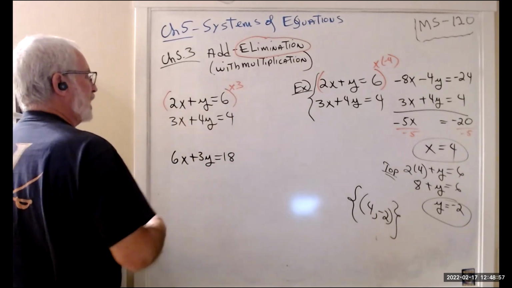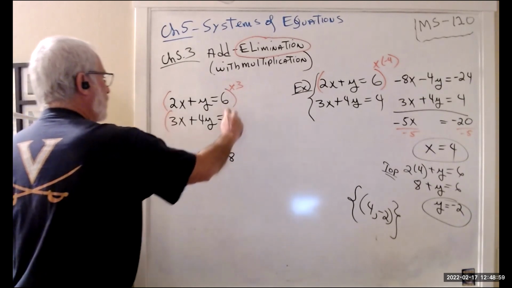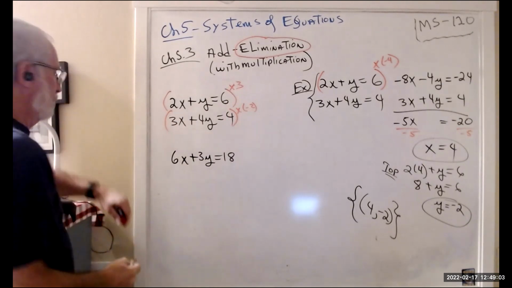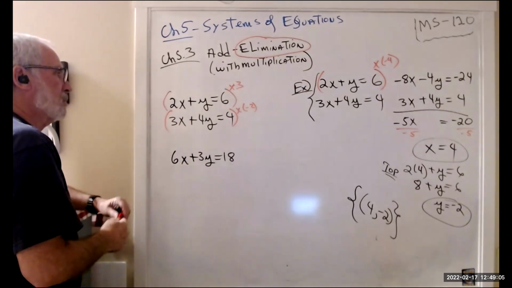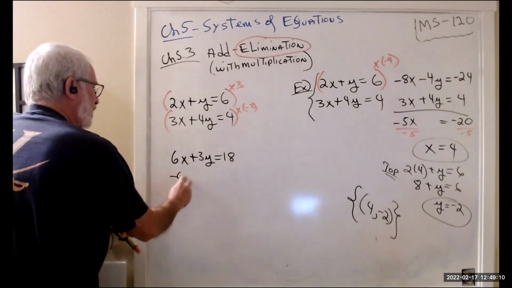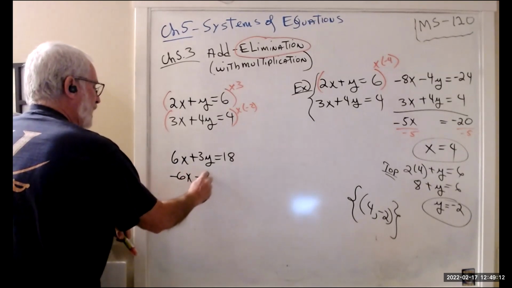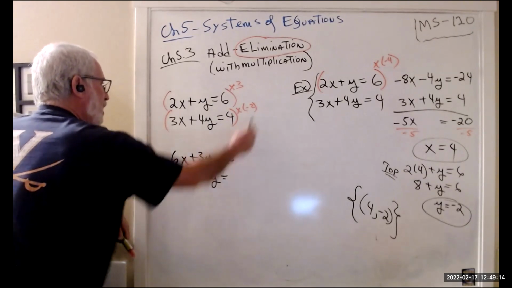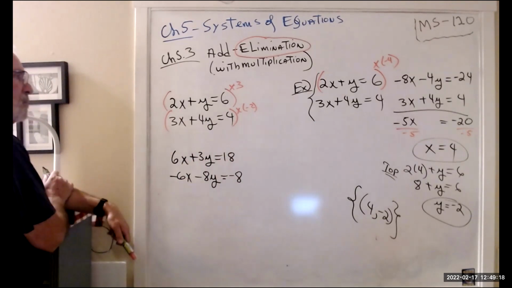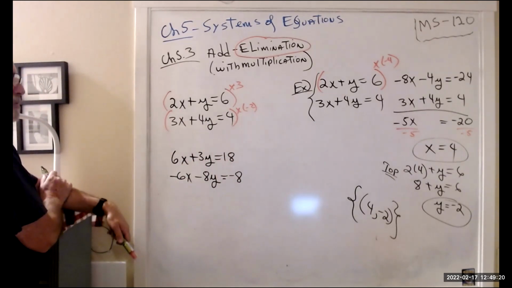And what if I decided to multiply the bottom equation by -2? Then I get -6x minus 8y equals -8. What's going to drop out?